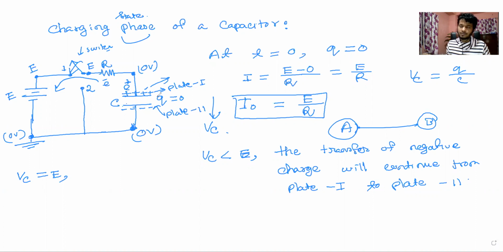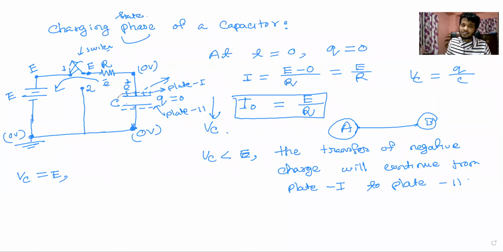Do you have any confusion? Okay, but how long will this continue? How long will the charge get stored on these two plates? As long as the voltage across this capacitor is less than the voltage of this power supply, right?